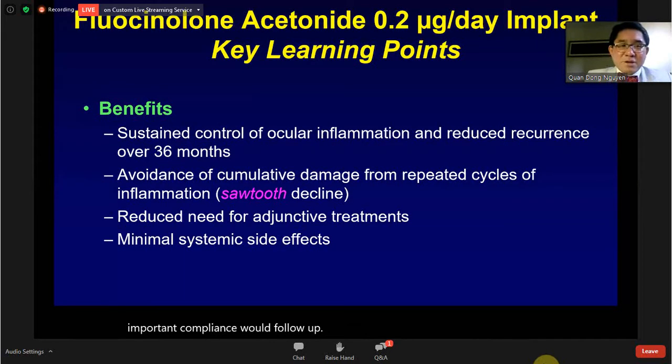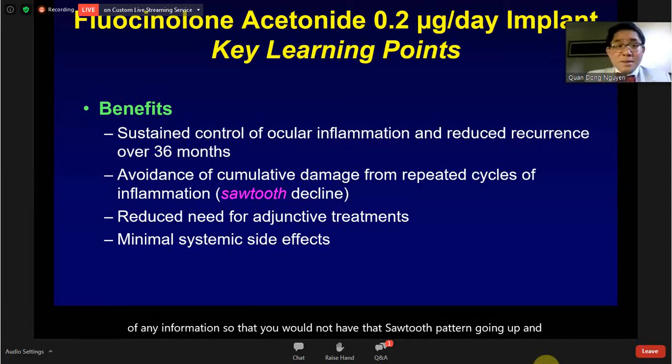Some benefits that have occurred are the sustained control of ocular inflammation for up to 36 months and the avoidance of cumulative damage from repeated cycles of inflammation. In other words, our goal in placing one of the steroid devices in the eye is so that there will be very stable chronic control of any inflammation so that you would not have that sawtooth pattern going up and down, and therefore preventing cumulative damage from occurring.